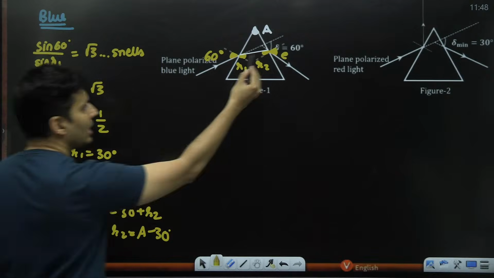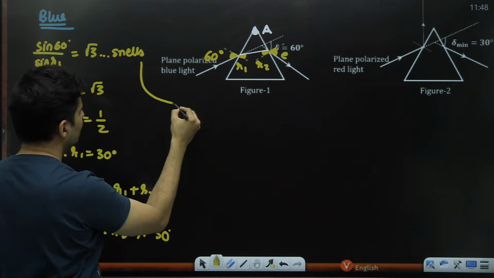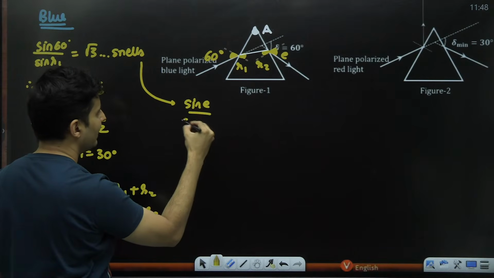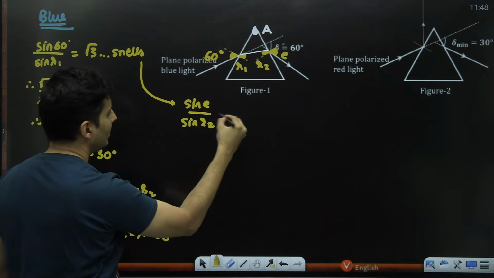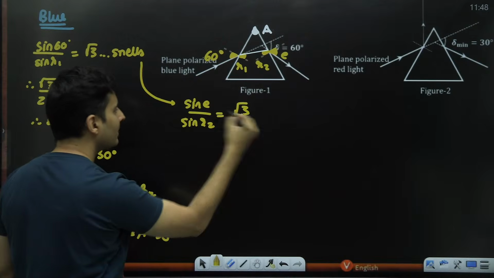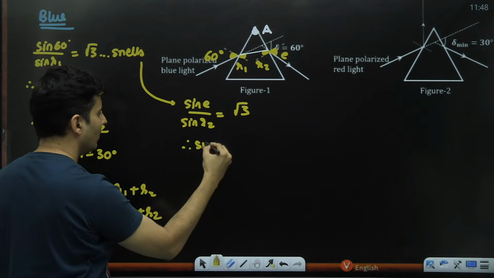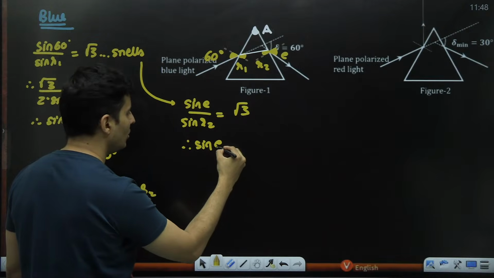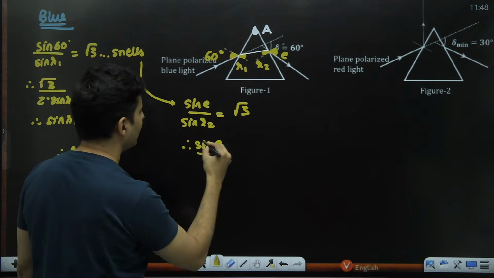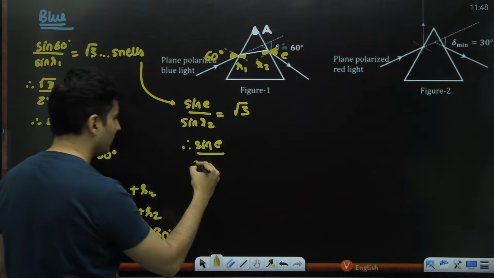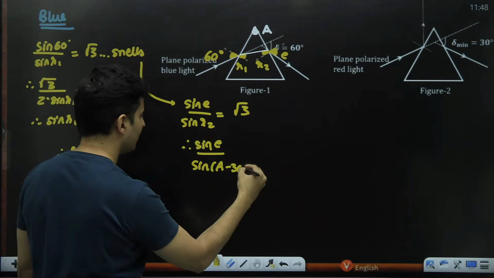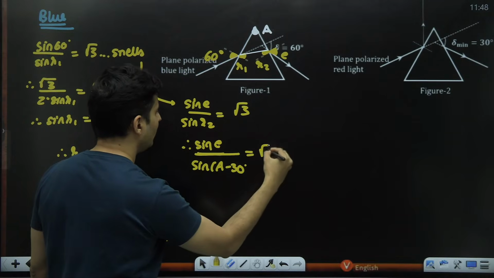Now again using Snell's law, we can say sine of emergent angle by sine of R2 will be the refractive index. So sine of that emergent angle, we do not know. Okay, sine of R2 is nothing but sine of A minus 30 degrees, and that ratio is equal to root 3.